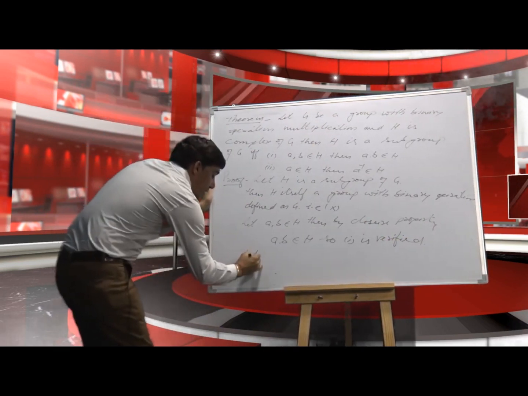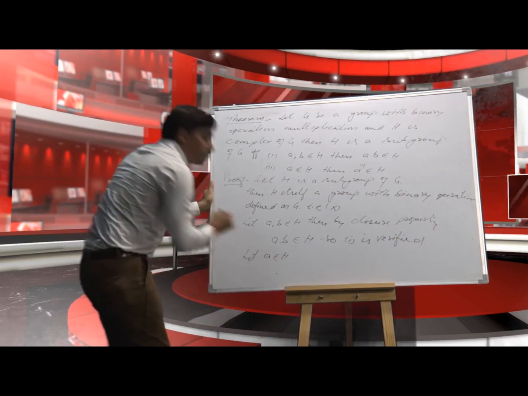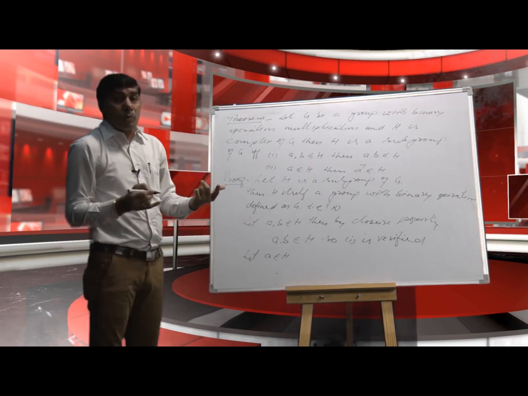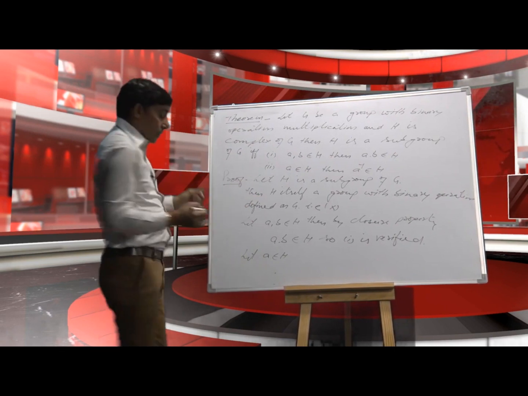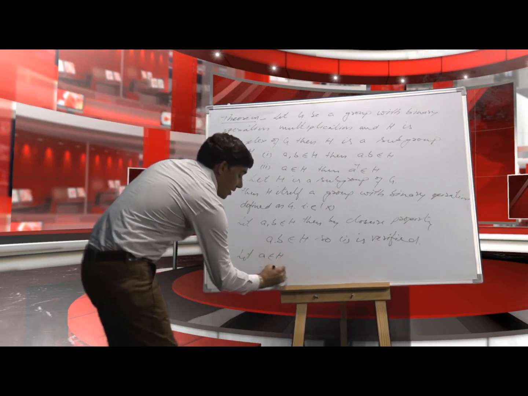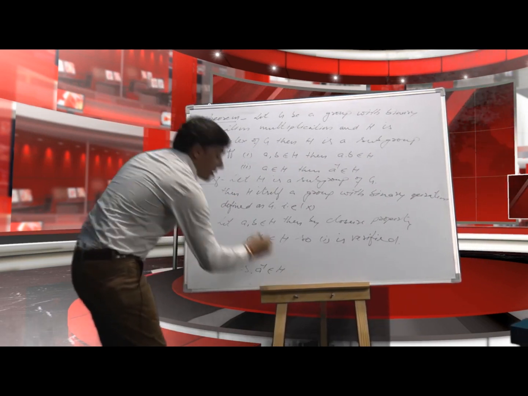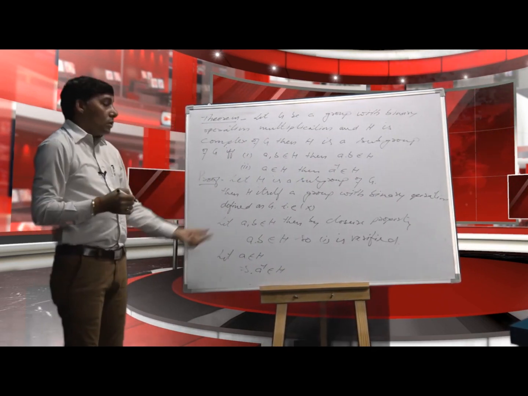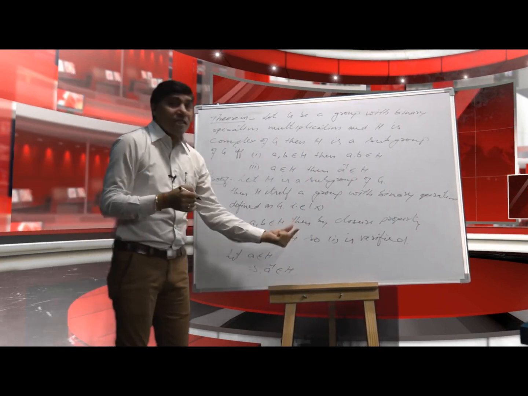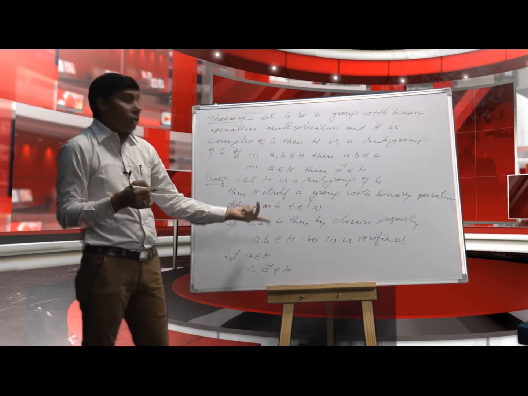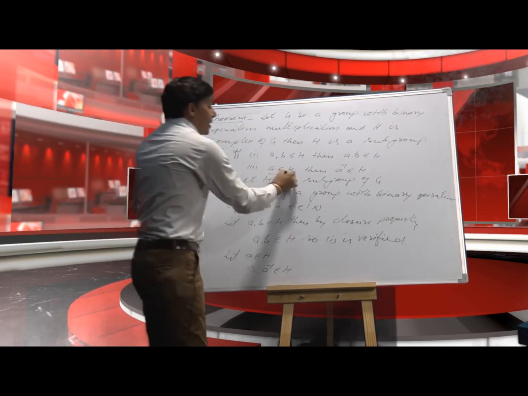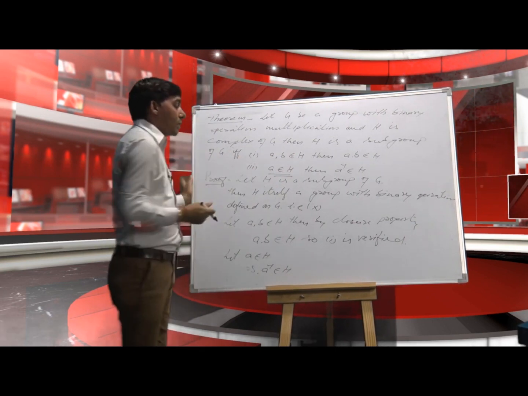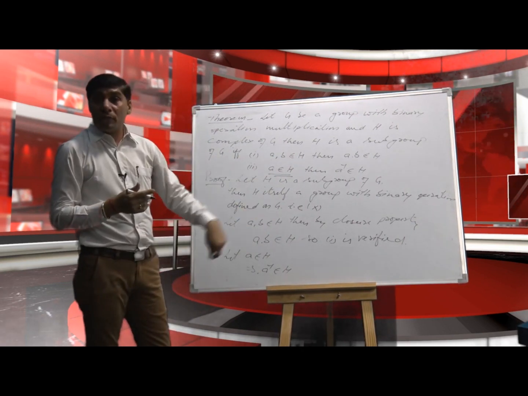Let a belong to H, and H itself is a group, which means the existence of inverse property is satisfied. This implies a inverse also belongs to H. If a belongs to H, then by the existence of inverse property, a inverse also belongs to H. So the second condition is also verified.